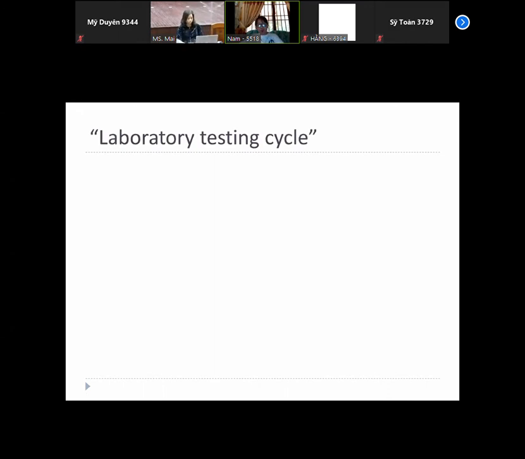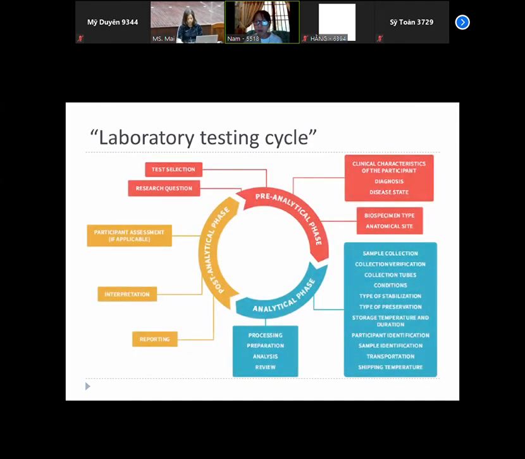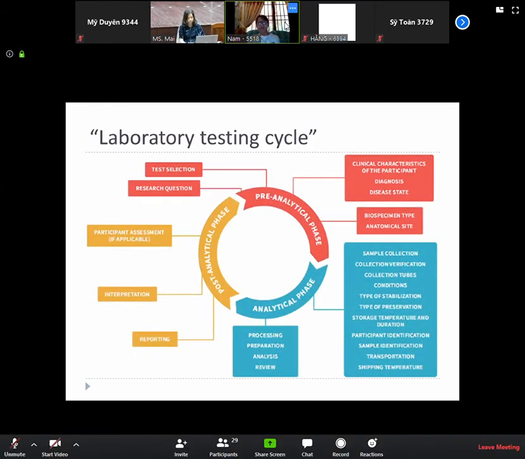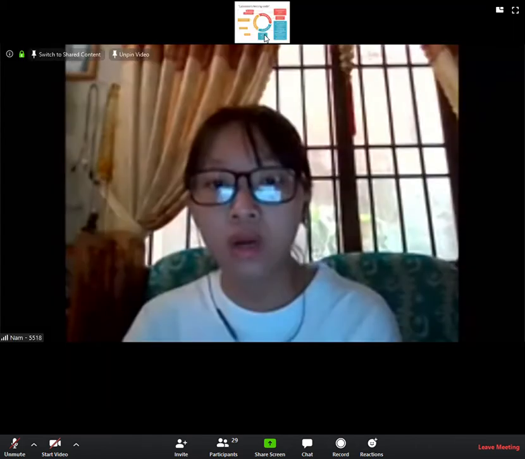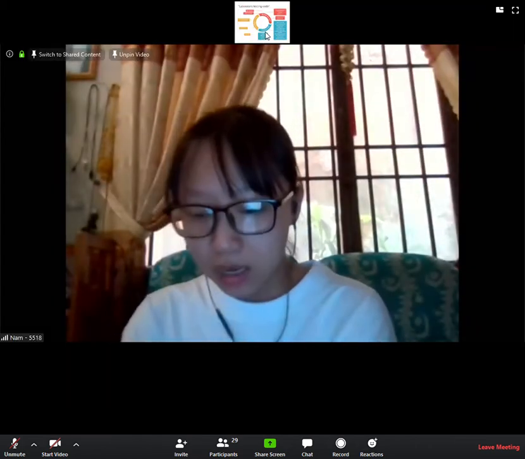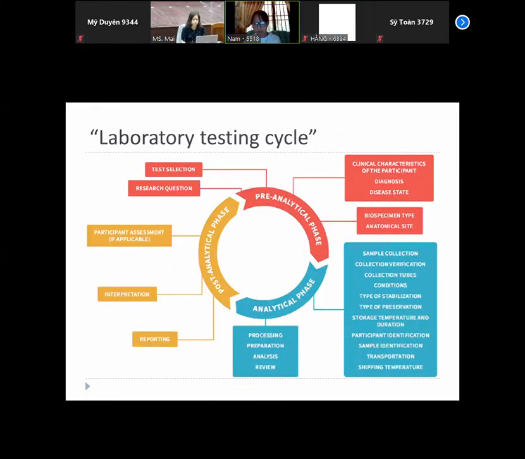Next, we will go over the laboratory testing cycle. This lab testing cycle consists of 3 phases: pre-analytic, analytic, and post-analytic. The pre-analytical phase is for test ordering, specimen collection, transport, and processing.